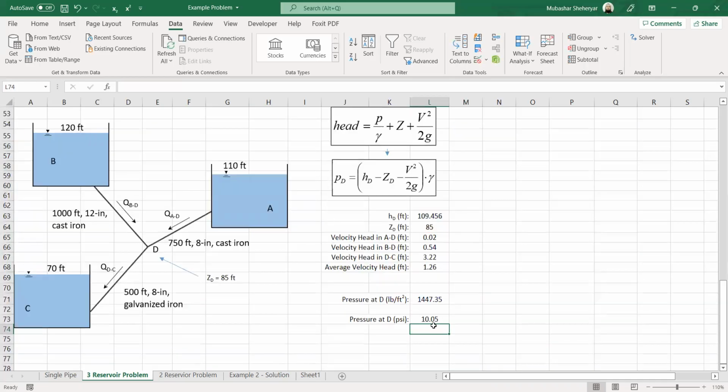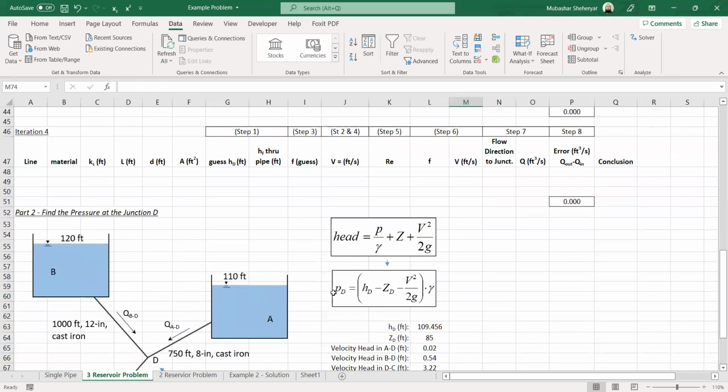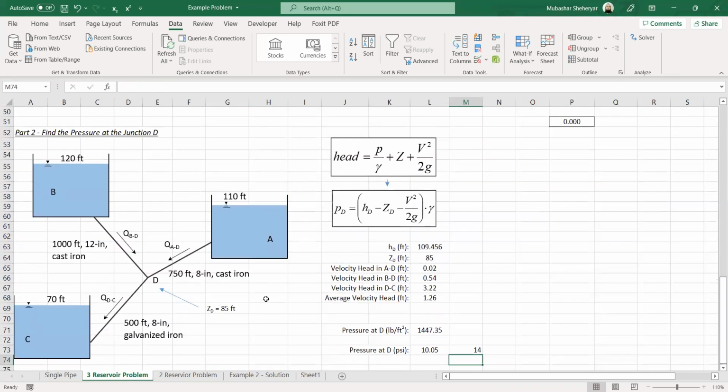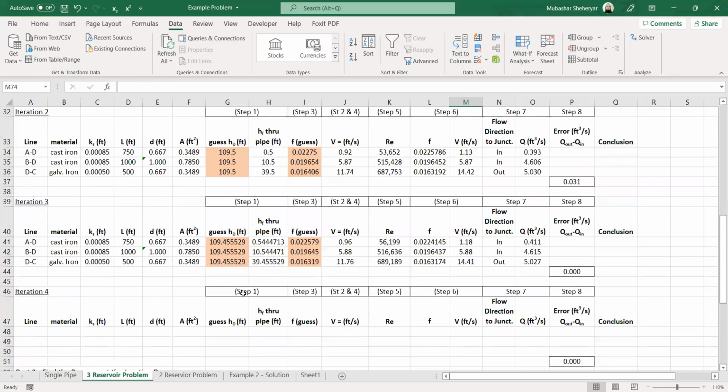If you want to increase this value, if you require that the pressure at D should be 14 psi according to the standard, then you have to minimize the losses occurring through the pipes and the water flowing through it.